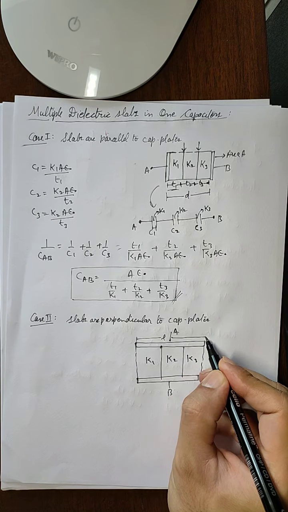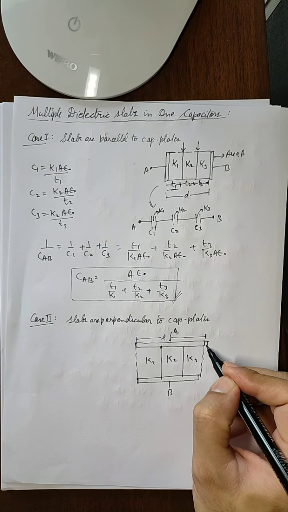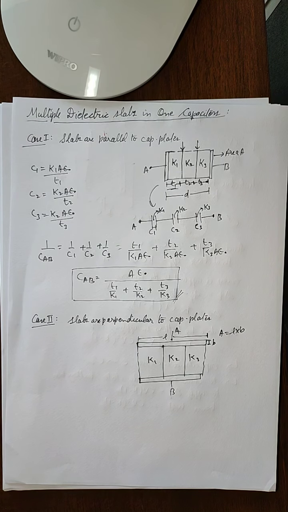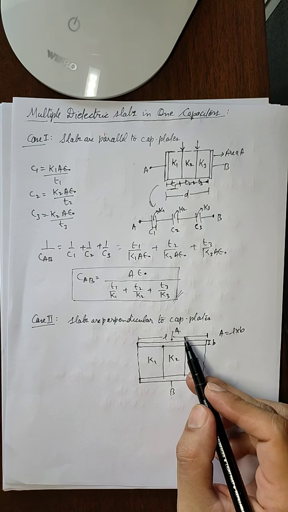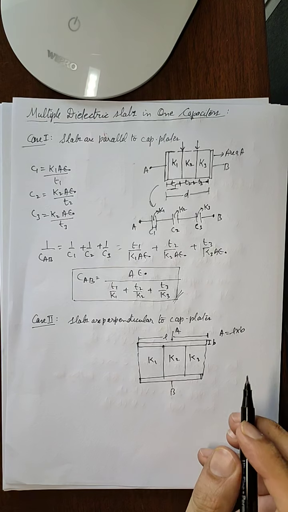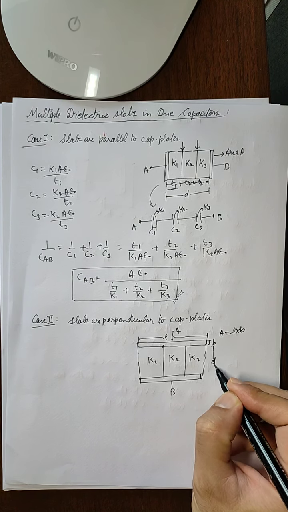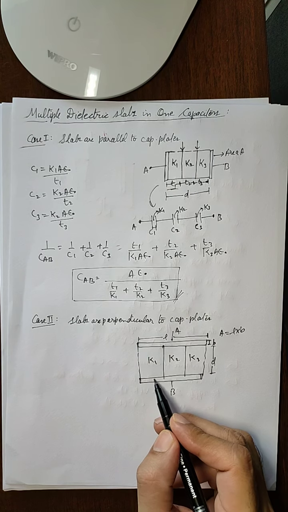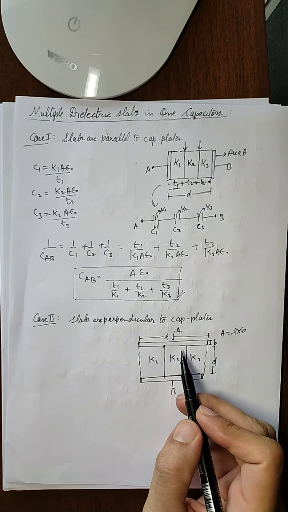in this case will be, now in this case we are not taking the area as A, we will take the area as L into B. So B will be the thickness of the plate, L is the length of the plate, so area will obviously be equal to L into B. Now the distance between the plates is still the same, it will be D. With respect to the direction of the plate, this L can be divided into three parts.